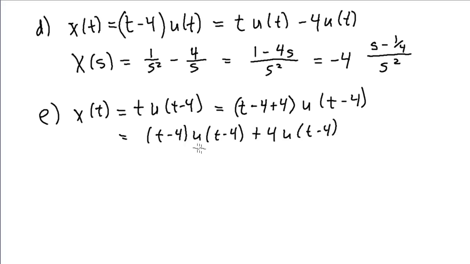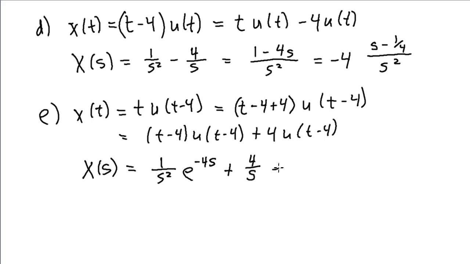And this is just a straightforward time shift of t u of t. t u of t has a transform of 1 over s squared. To account for the time shift, here it would just be multiplying by e to the minus 4s, and then 4 u of t, we found that transform previously as well. That's 4 over s.